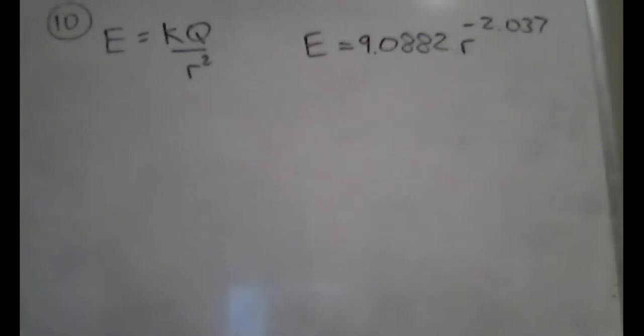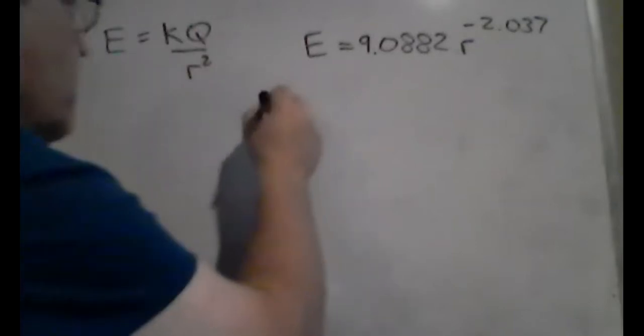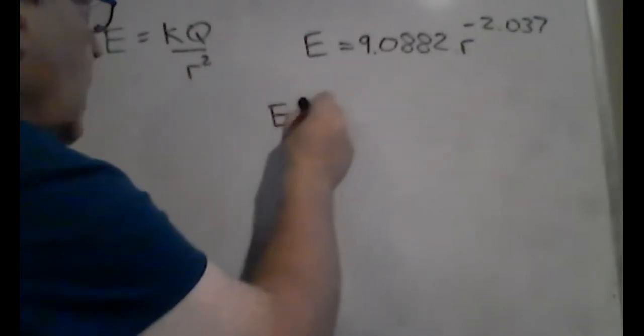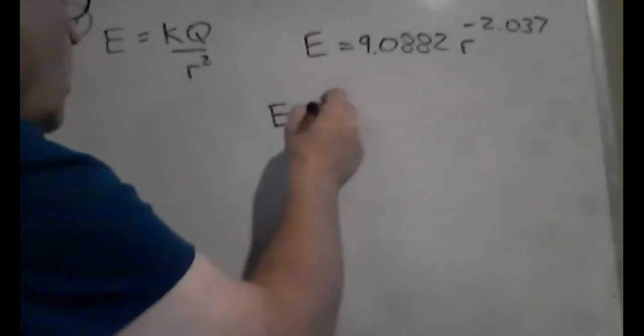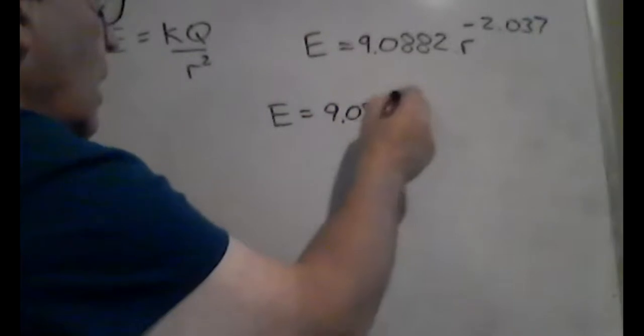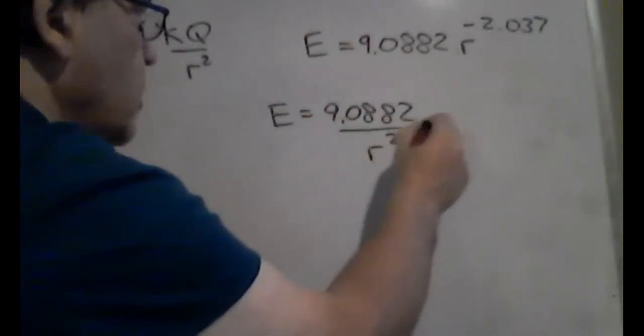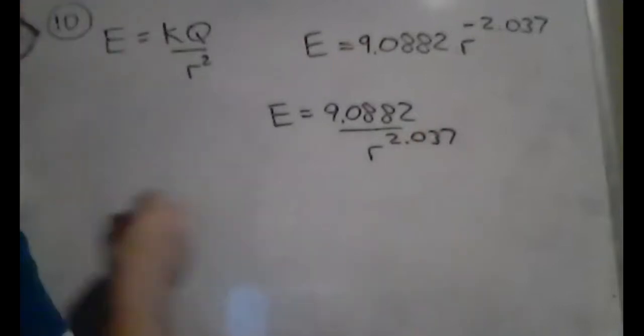So what does this look like? As close as I can come to this is E looking like 9.0882 divided by R to the 2.037. That's as close as I can get.